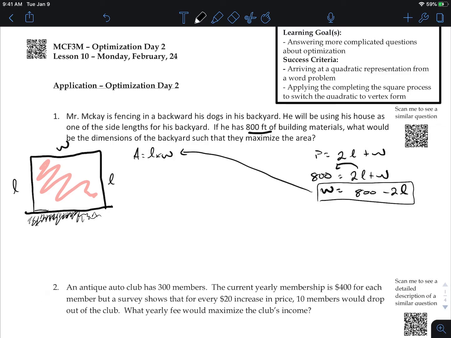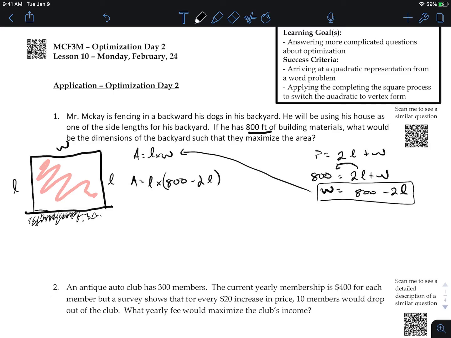So now the idea is I'm trying to maximize the area, but I'm going to get an algebraic expression that represents the area, just any area for this particular backyard. That's L multiplied by, in brackets, 800 minus 2L.